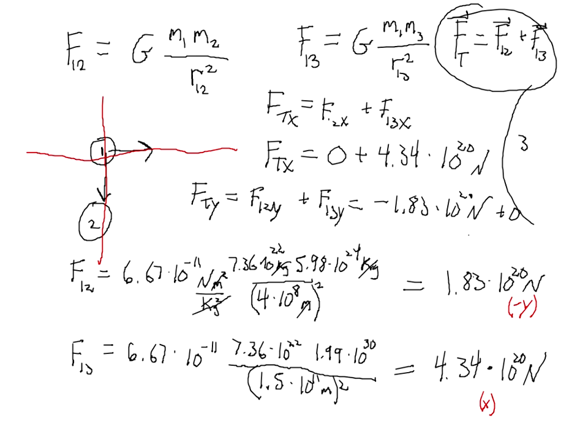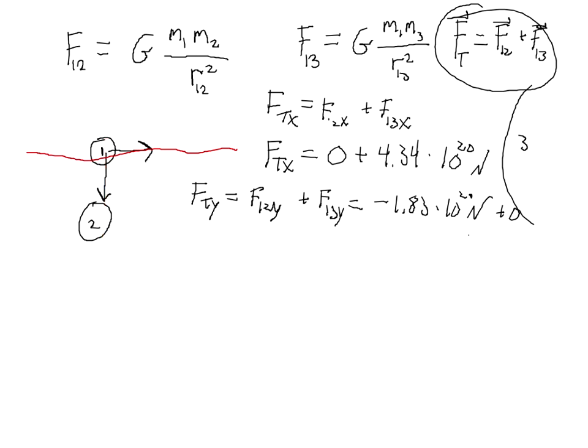Okay, I'm going to erase the bottom half of the screen now, because I've already written the things that we need up there, and I'm running out of room. Okay, so the magnitude of the total force we then get by using the Pythagorean theorem.